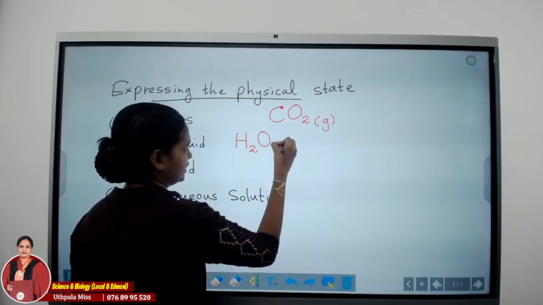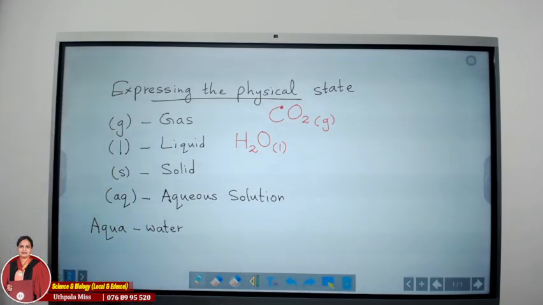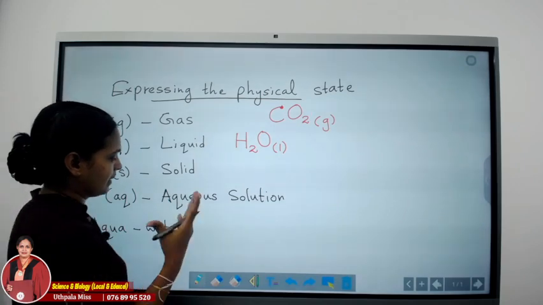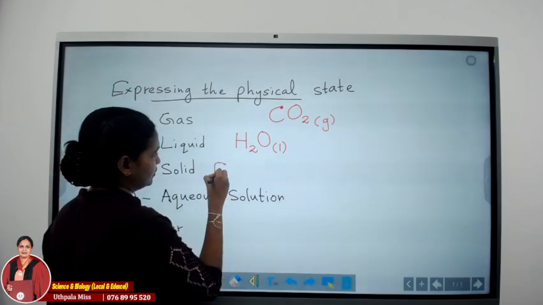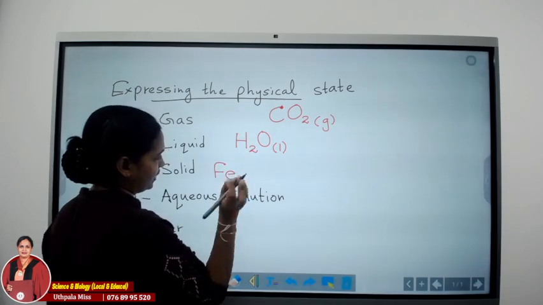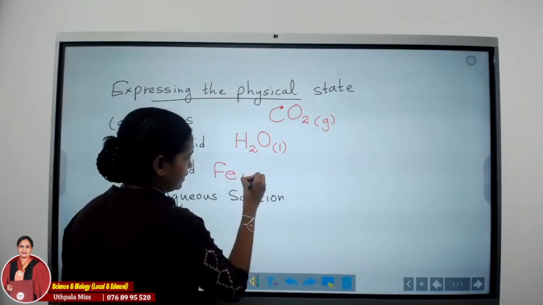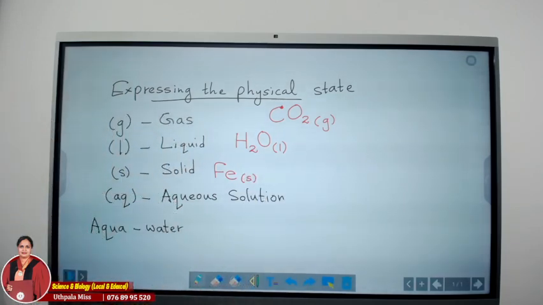H2O. So here within brackets I put simple L to indicate that it is a liquid. Then iron. Do you know the symbol used for iron? That is Fe. You may not know this. So I put simple S there since it is a solid.